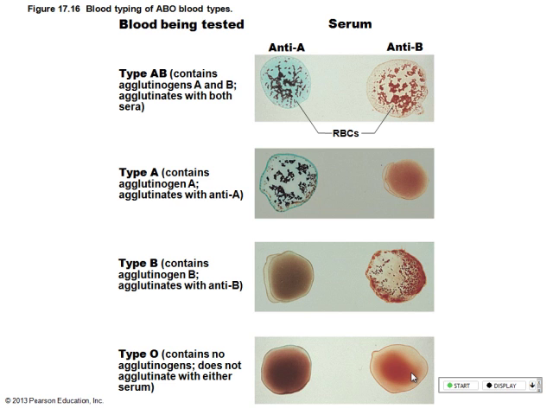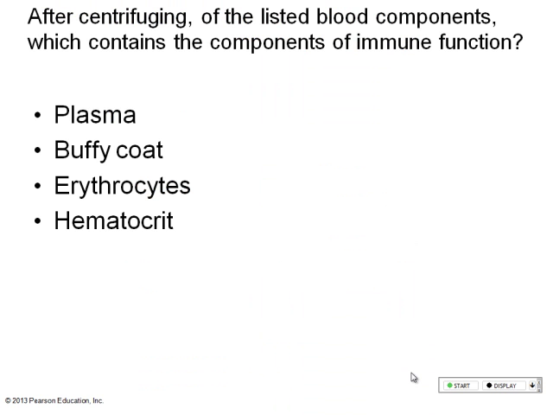They talk a little bit about diagnostic blood testing, and one of the things you're going to do in your lab class is something called a complete blood count. Well, part of it, we're going to do the differential white blood cell count. A complete blood count, a CBC, counts all of the different components.